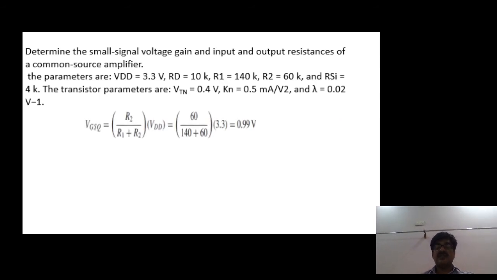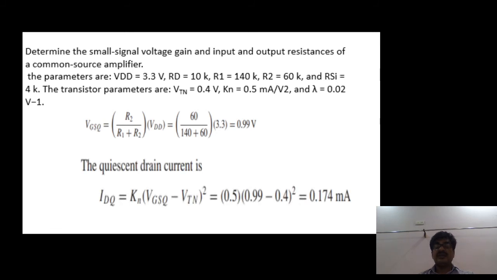From this you have to calculate VGSQ, and IDQ you need to derive initially. So VGSQ is R2 divided by R1 plus R2 into VDD. So you can get the value as 0.99 volts. Then the drain current is given as IDQ equal to Kn into (VGS minus VT) whole square.